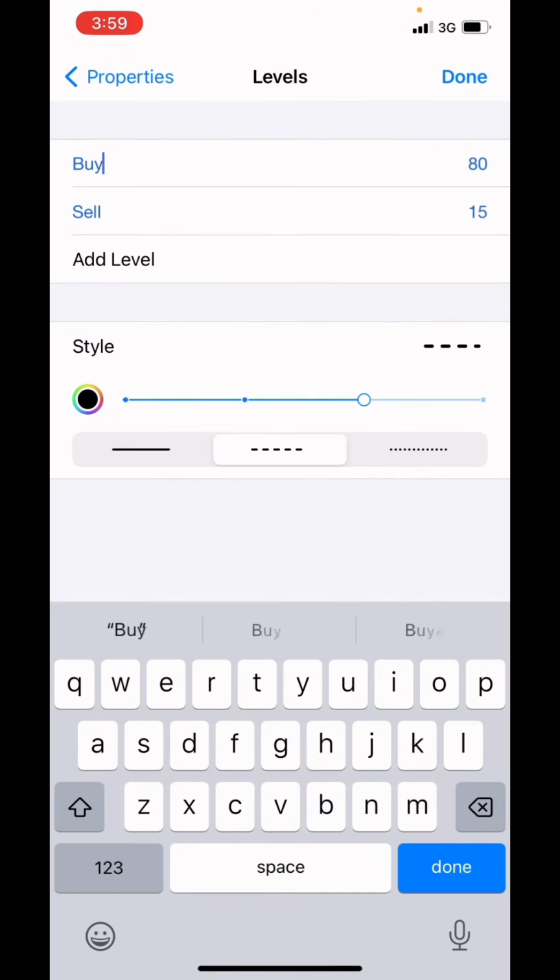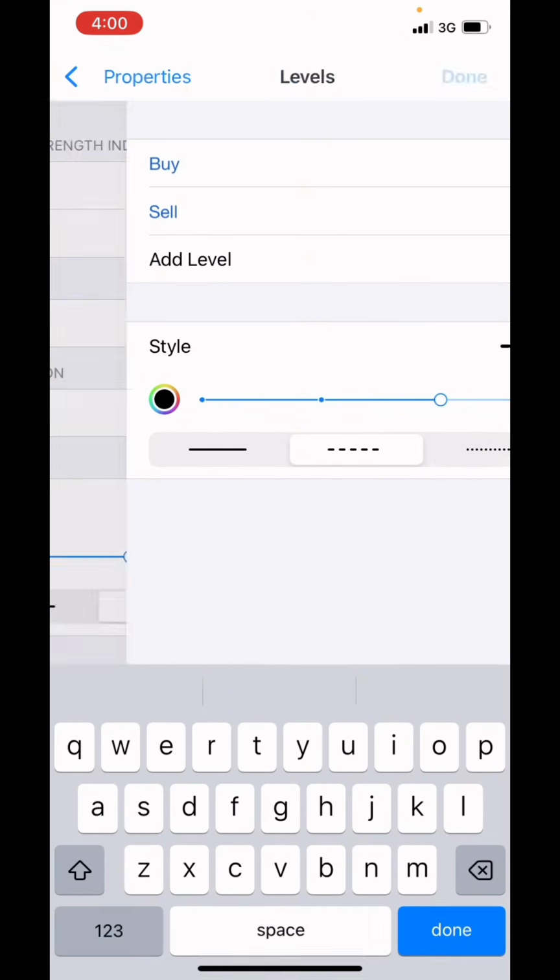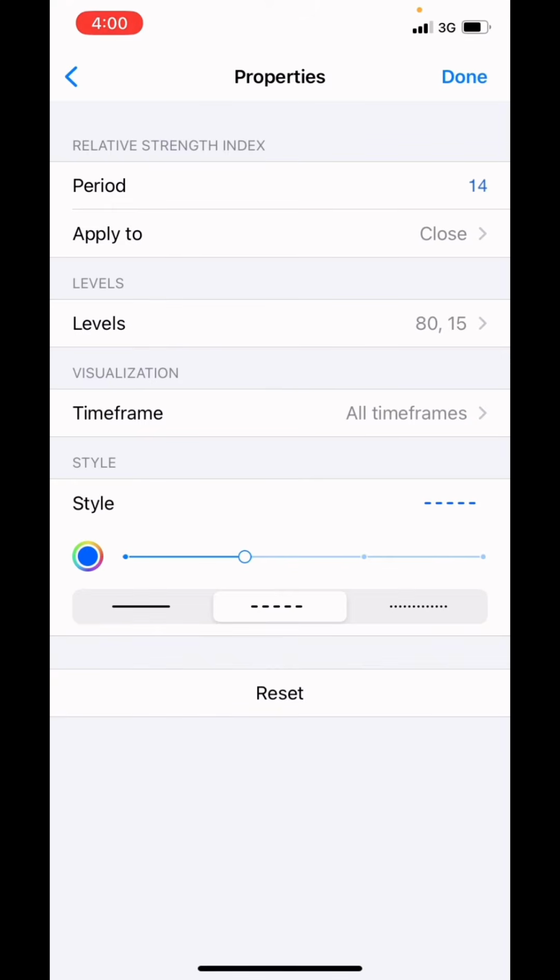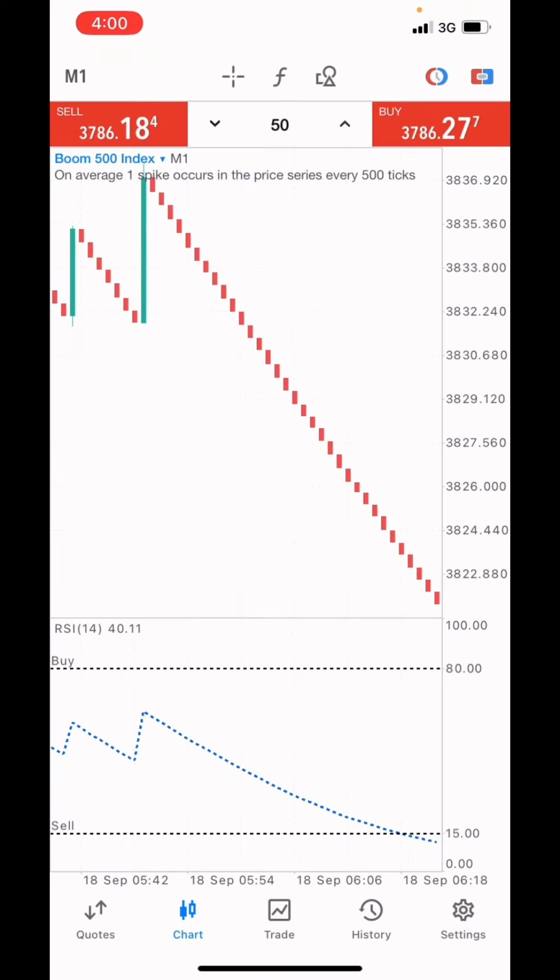But we're not using the buy, we're only using sell on the Boom 500. Then for the style, you set the color to black, put the line in the middle, and click on done. Then this one, the color is blue, the width is 2 pixels, the line is in the middle, and you click on done.